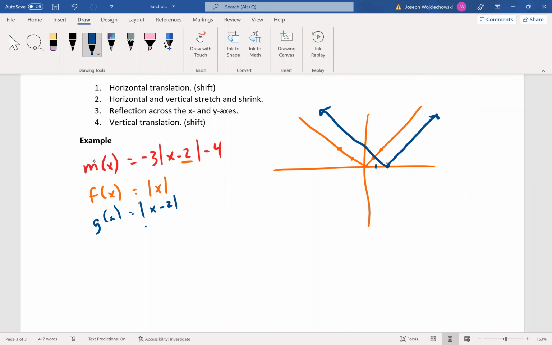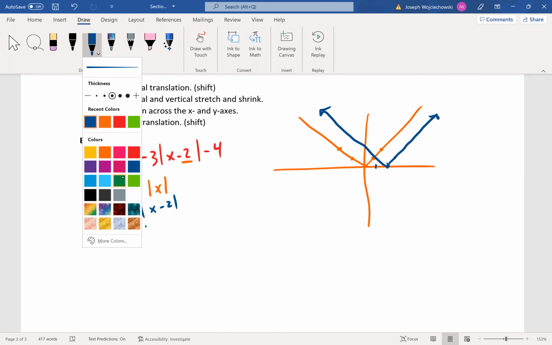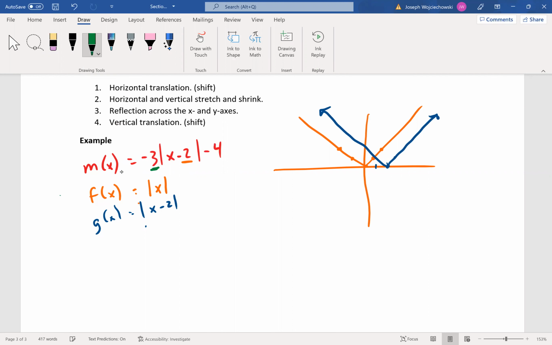So next we look at vertical. We have a 3 here. So now h of x, don't worry about the negative. That's a reflection. We're going to do that next. Now we have 3 times the absolute value of x minus 2.